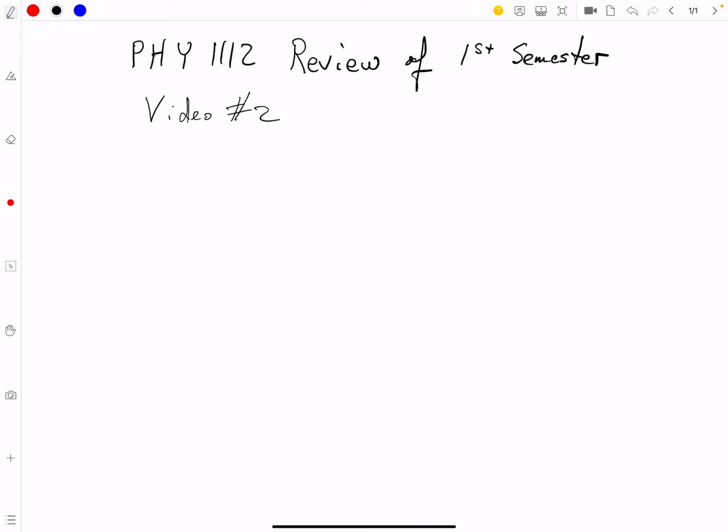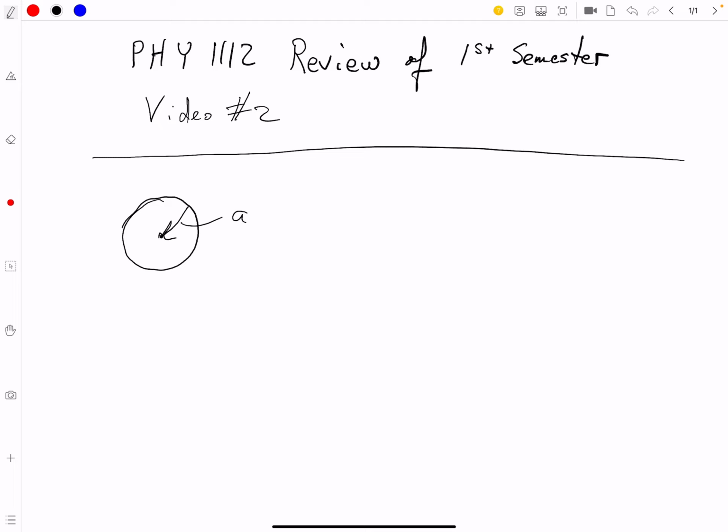So let's finish up with our review of last semester. Last semester we had circular motion, and in that circular motion, anytime you've got something going around in a circle, there is that acceleration to the inside, the centripetal acceleration.